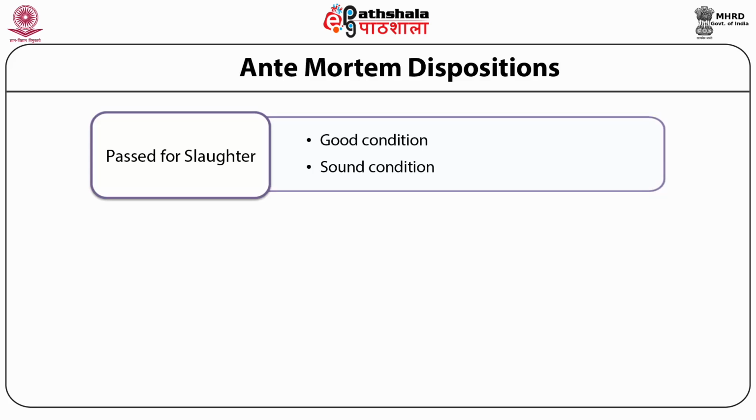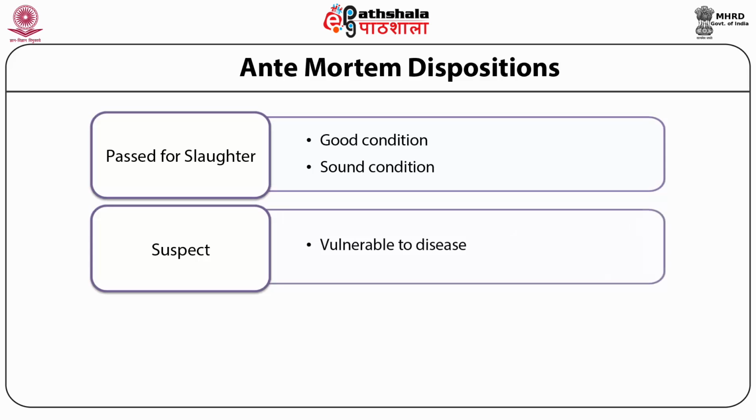The second condition or disposition is the suspect animals. This means the animal is suspected of being vulnerable to some kind of disease. The possible reason for this condition is poor transporting facilities or some hereditary disease due to the history of the animal.